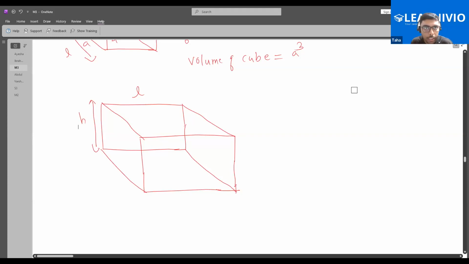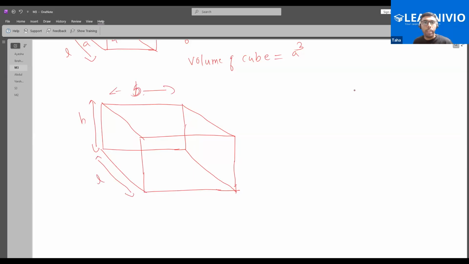And we can say this is breadth and this is length, right? Since a rectangle is a figure which has opposite sides equal, we have six rectangles here, right?